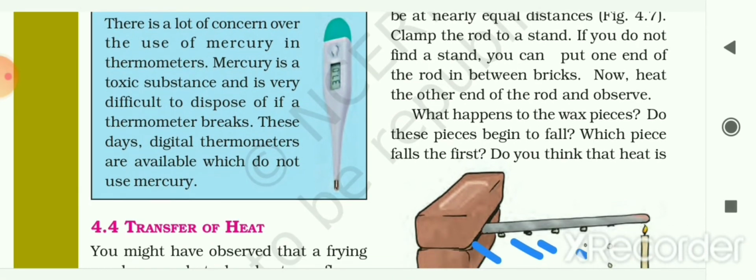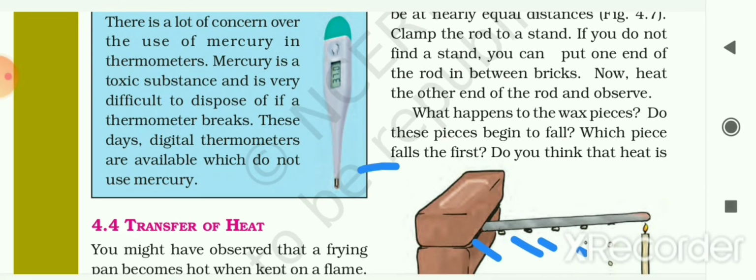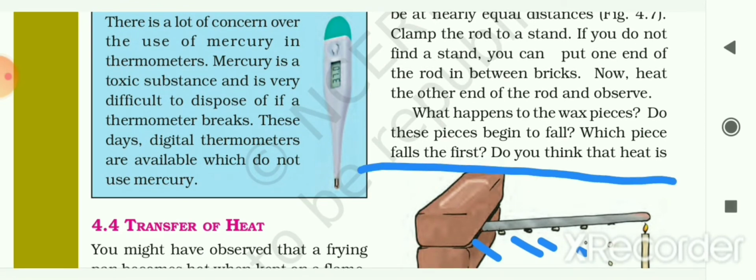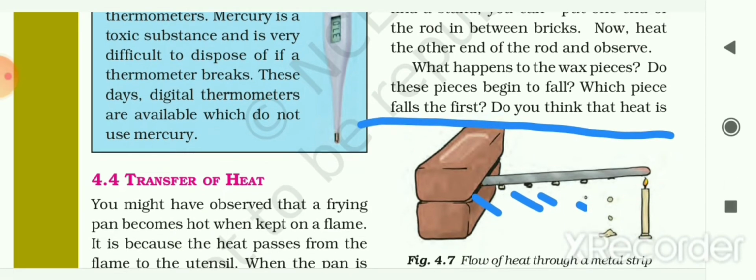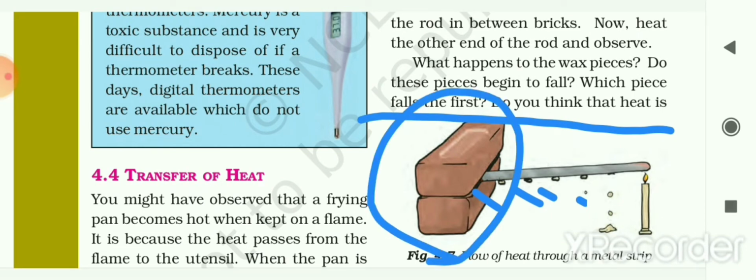Now clamp the rod to a stand, or you can say fix this rod to the stand. And if you don't have a stand, then you can put one end of this rod between two bricks, as it is shown here. Now heat the other end of the rod and observe.